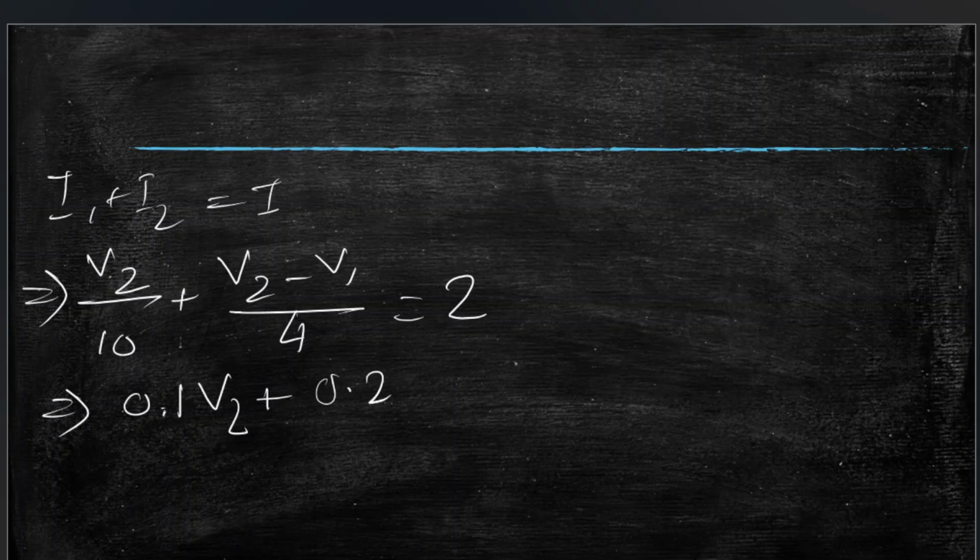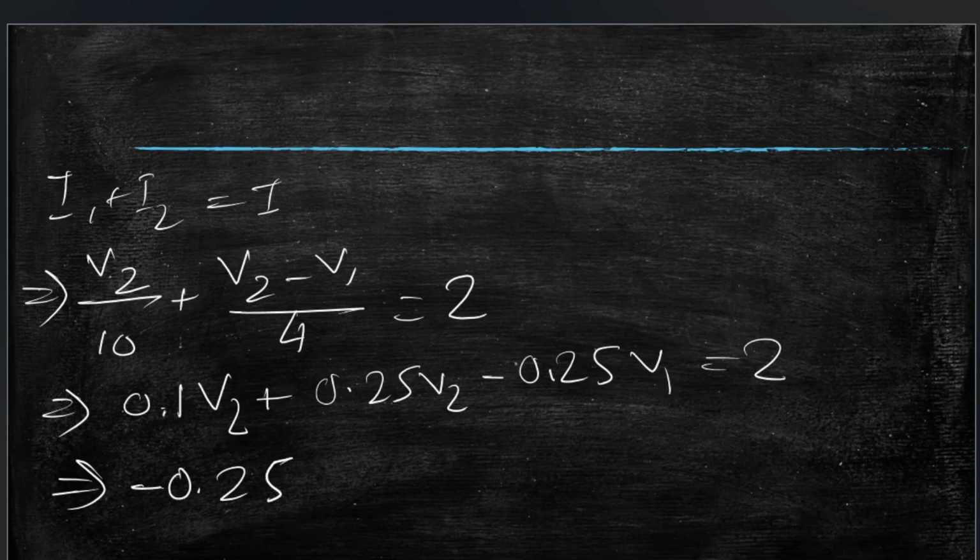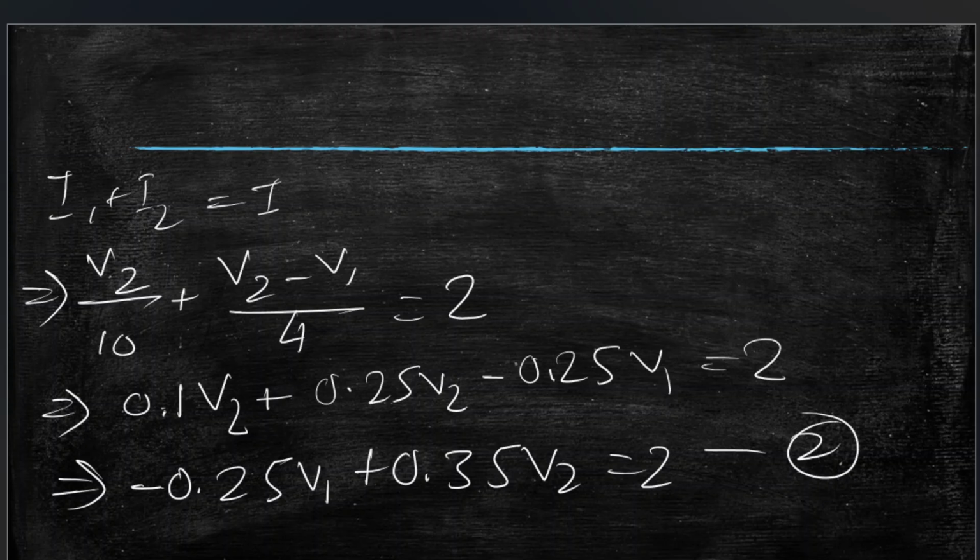So 0.25 V2 minus V1 over 4, so 0.25 V1 is equal to 2. Let's bring V1 to the front, so minus 0.25 V1 and then 0.1 plus 0.25, so 0.35 V2 is equal to 2. That's our equation 2.